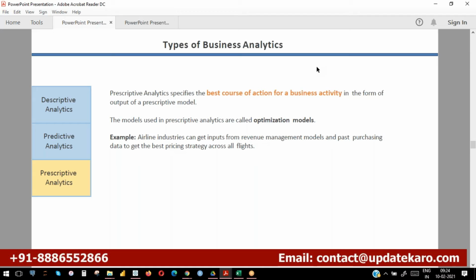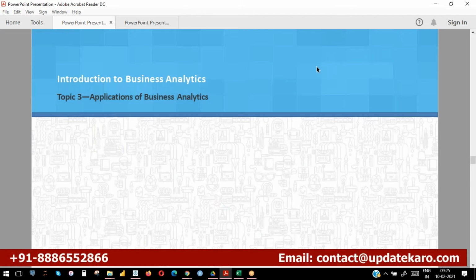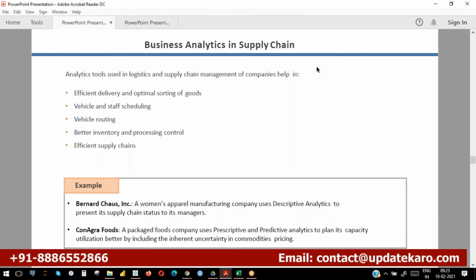So three terms: what has happened and why it has happened, in descriptive; in predictive, what can happen or what may happen; and in prescriptive, what should happen to the business in the future. Is that clear to all of you? A quick confirmation in the chat box, please. These concepts are clear.